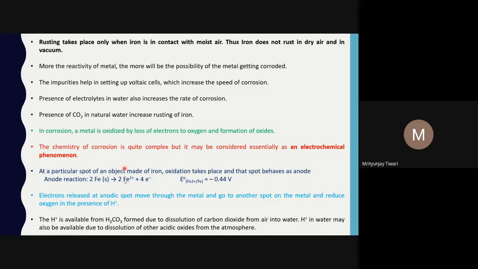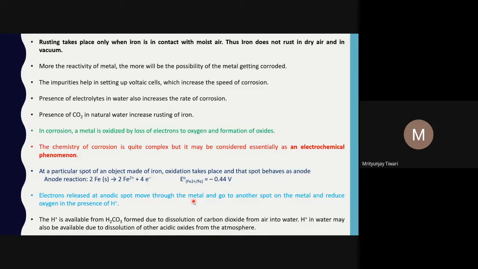The electrons are released at the anodic spot, where they are produced because of the oxidation of the iron. They move through the metal, which is already there, so it will conduct electrons, and the electrons will move to another spot.